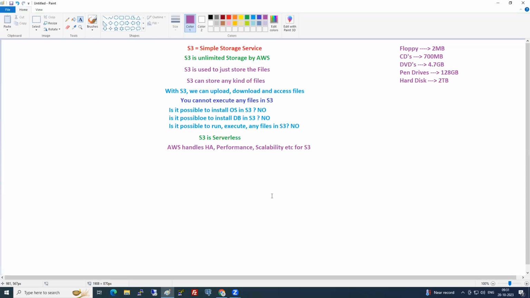What is the full form of S3? I'll give you three options, and you should tell me which one is the right answer.